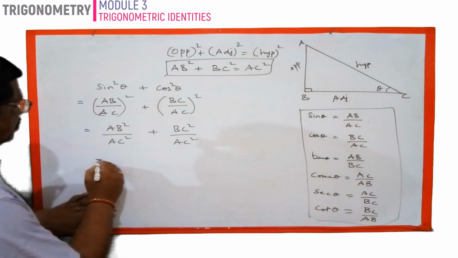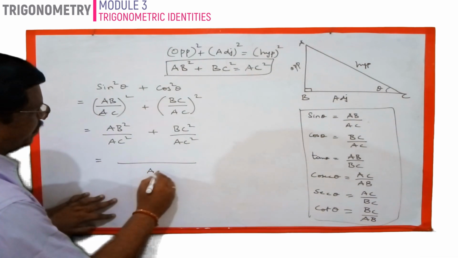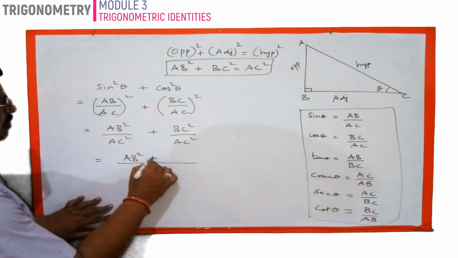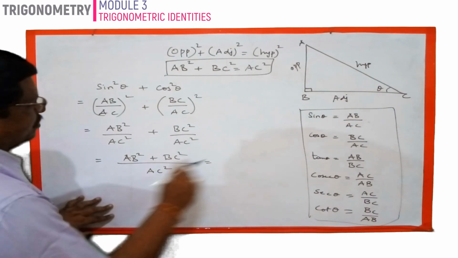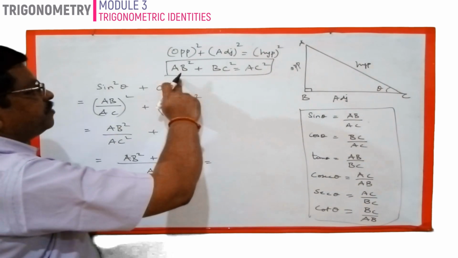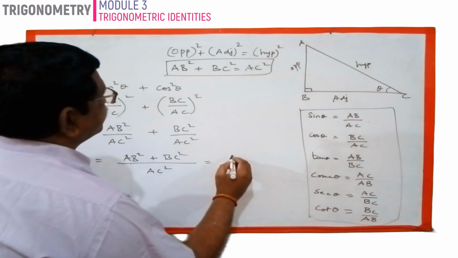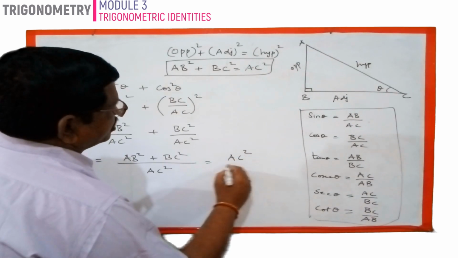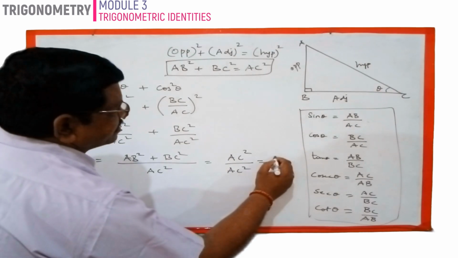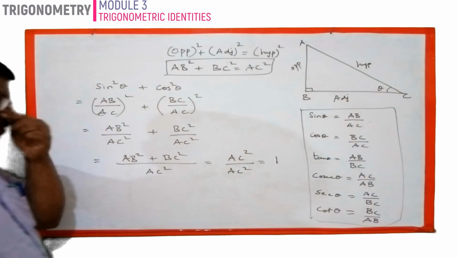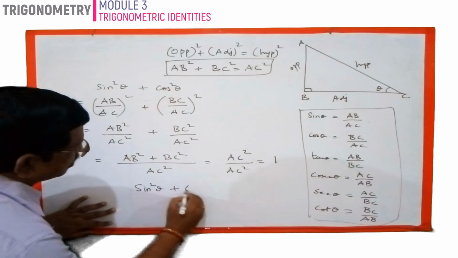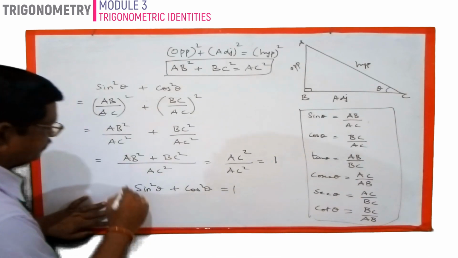In these two, AC square is the common denominator, so AC square, and the numerator is AB square plus BC square. From the Pythagoras theorem, we already found that AB square plus BC square is nothing but AC square. So we can write the numerator as AC square, and the denominator also is AC square. So AC square by AC square can be cancelled, we get 1. We get the first identity, that is sin square theta plus cos square theta is equal to 1.